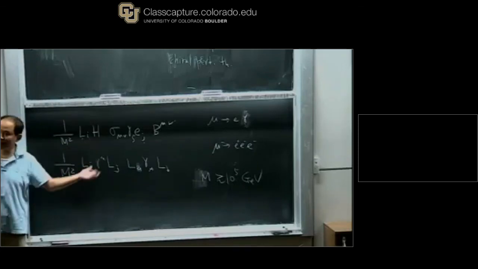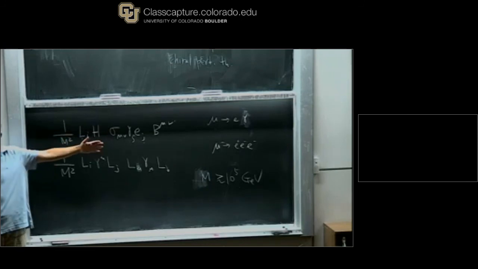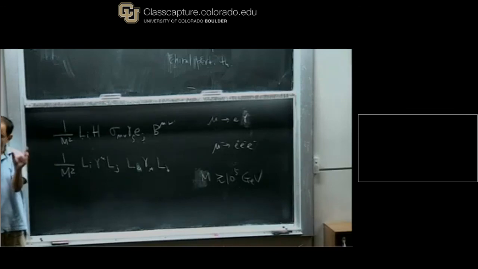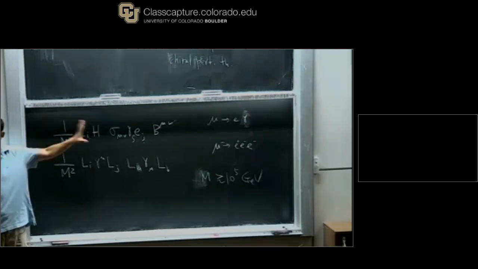But a better way of saying it is that you can construct a phase rotation invariant, a flavor rotation invariant, out of Yukawa couplings. That's CP violating, and it doesn't depend on whether you go to the mass basis or not. And you can show that all these standard model CP violation effects are proportional to that invariant.